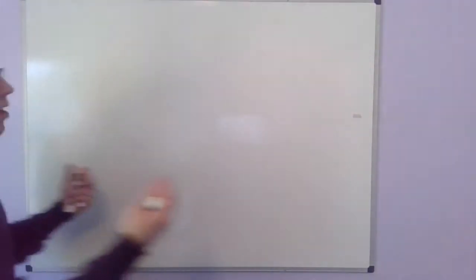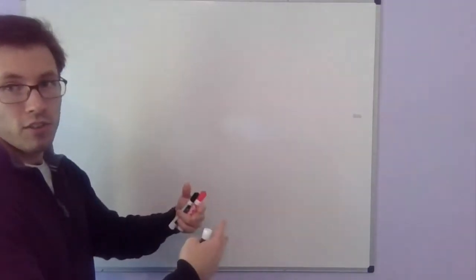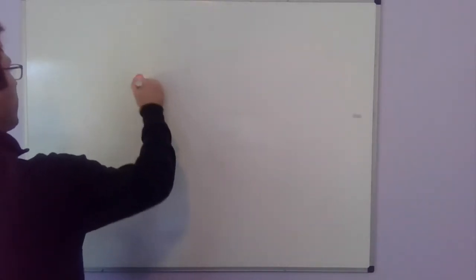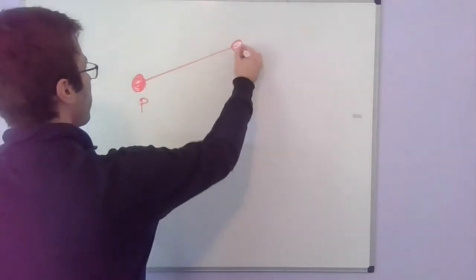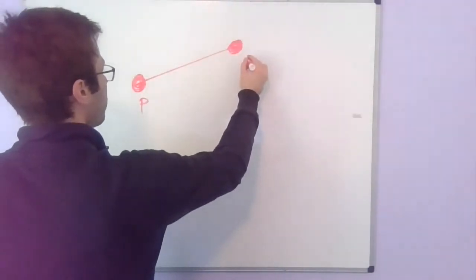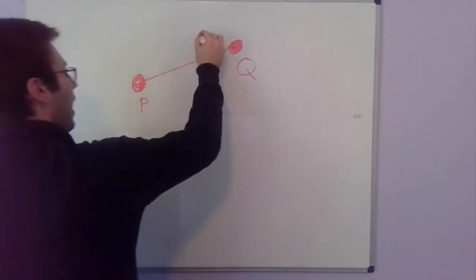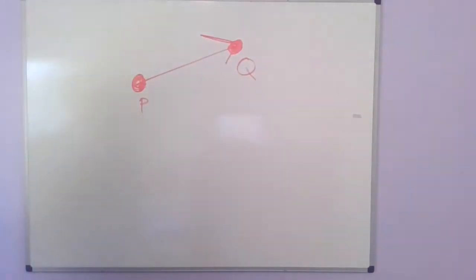Before I get into that topic, I'm going to have to talk about vectors more to allow you to understand this. Again, a vector is where you have, let's say, a couple points in space. Let's say we have the point P out here, and you have the point Q out here. Now, a vector has a head, so there's the head, and there's the tail.